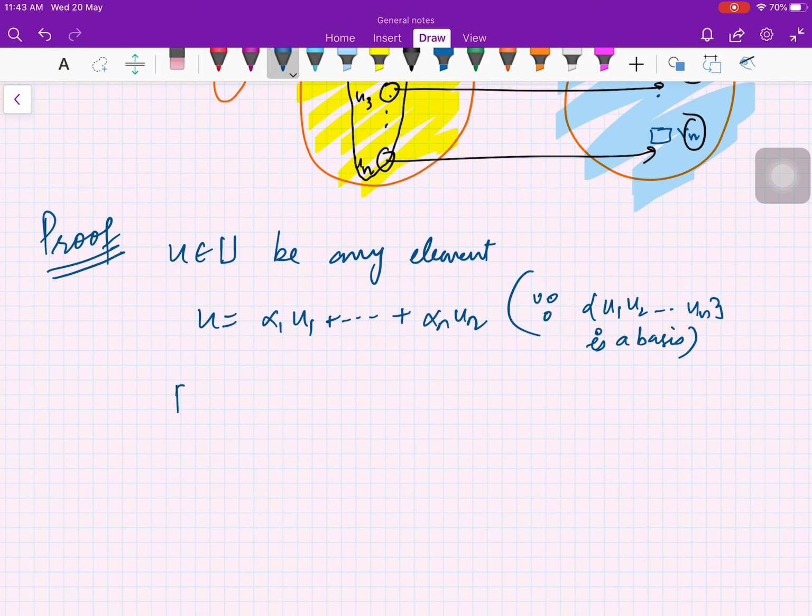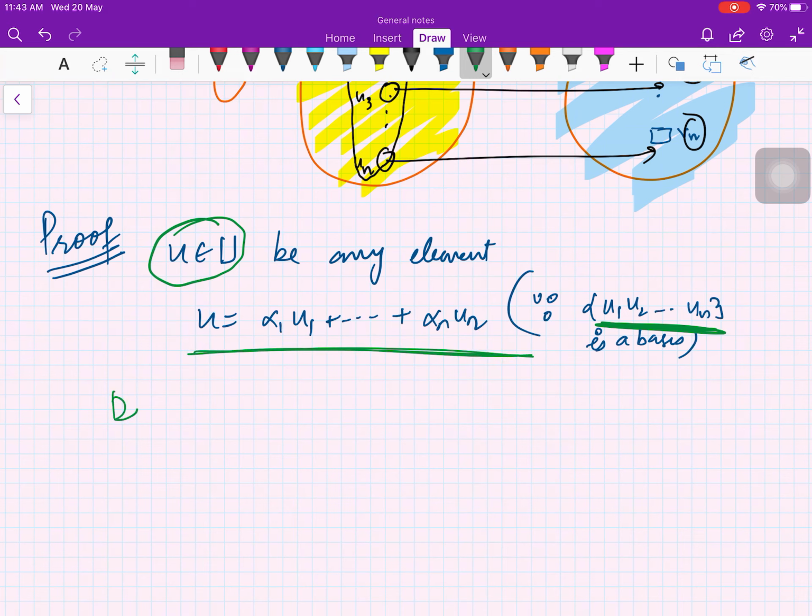Now we have this T with T(ui) = vi. This is what we want to prove, that this will happen, and we will define a transformation which will obey this. So let us start again. You have a vector u in capital U, then because u1, u2, ..., un is a basis, you can write u as this.